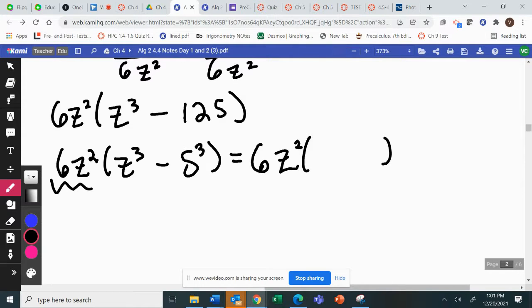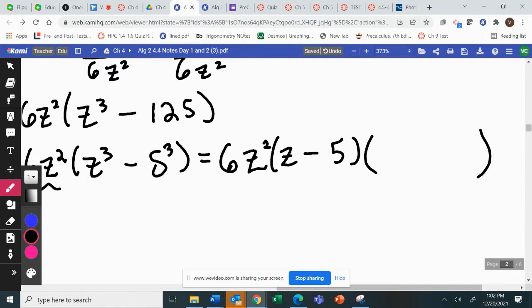So if I have z to the third minus 5 to the third, Grayson, what is going in the first spot in the first parenthesis? Z is correct. Hannah, what's going in the second spot? 5. Okay, what sign will I be using? Negative. Correct, minus, yes.